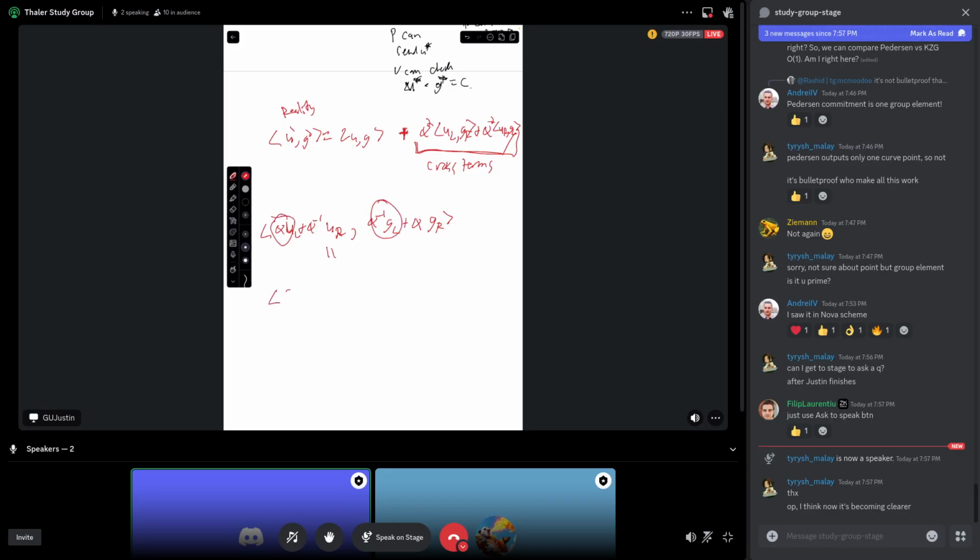So let me start. Alpha UL inner product alpha inverse GL, plus, we're going to get 4 terms here, alpha UL and alpha GR. I'm just applying the distributive law here. Now alpha inverse UR and alpha inverse GL.